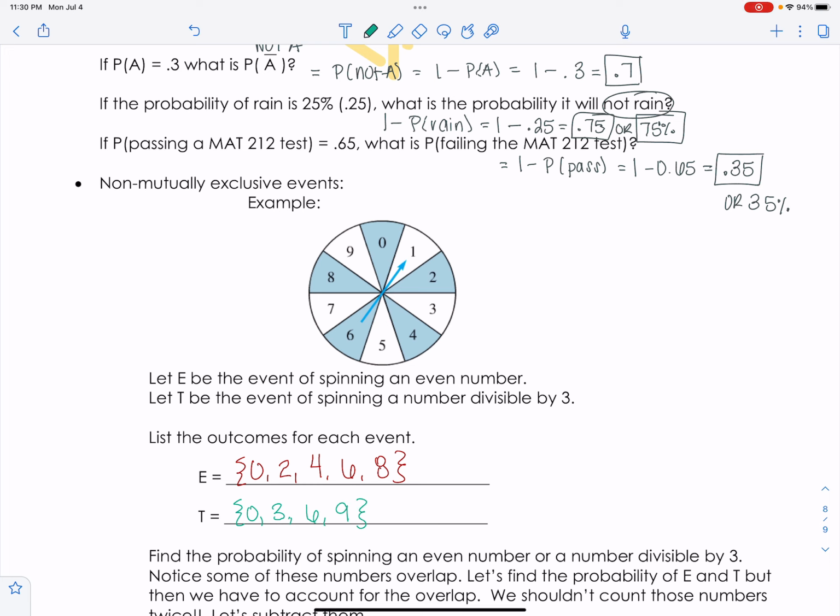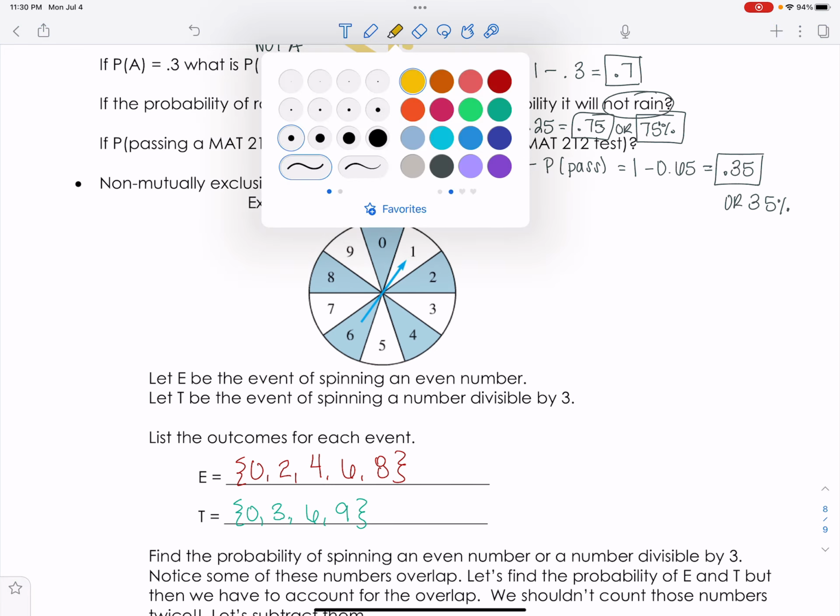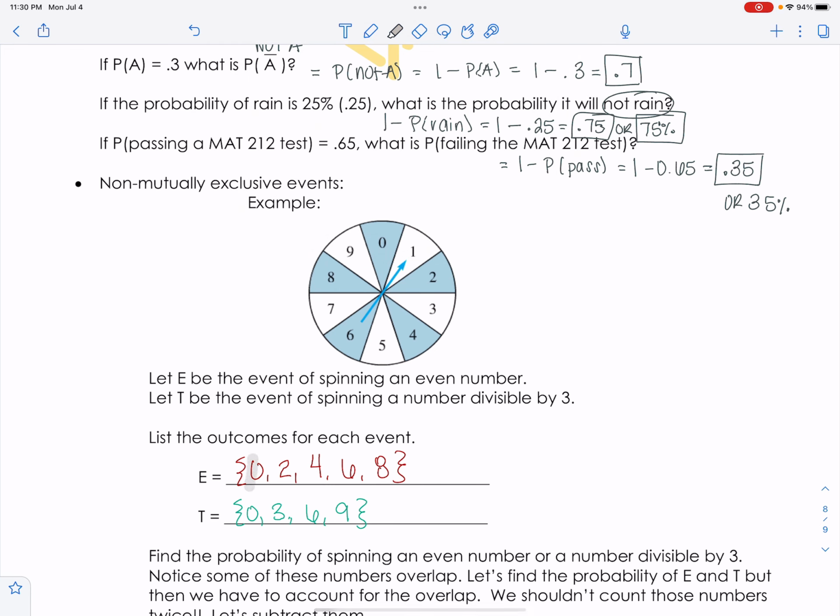These are not mutually exclusive because there are numbers that overlap in both. I have 0 in both events, and then I also have 6 in both events. And so that is why they're not mutually exclusive, because there is overlap.